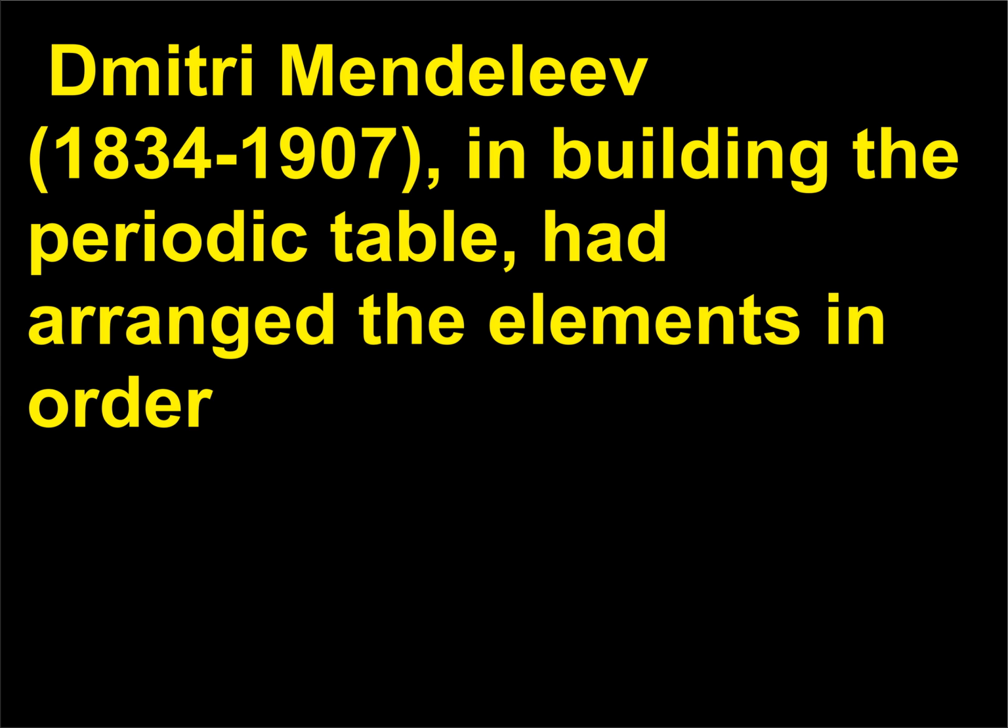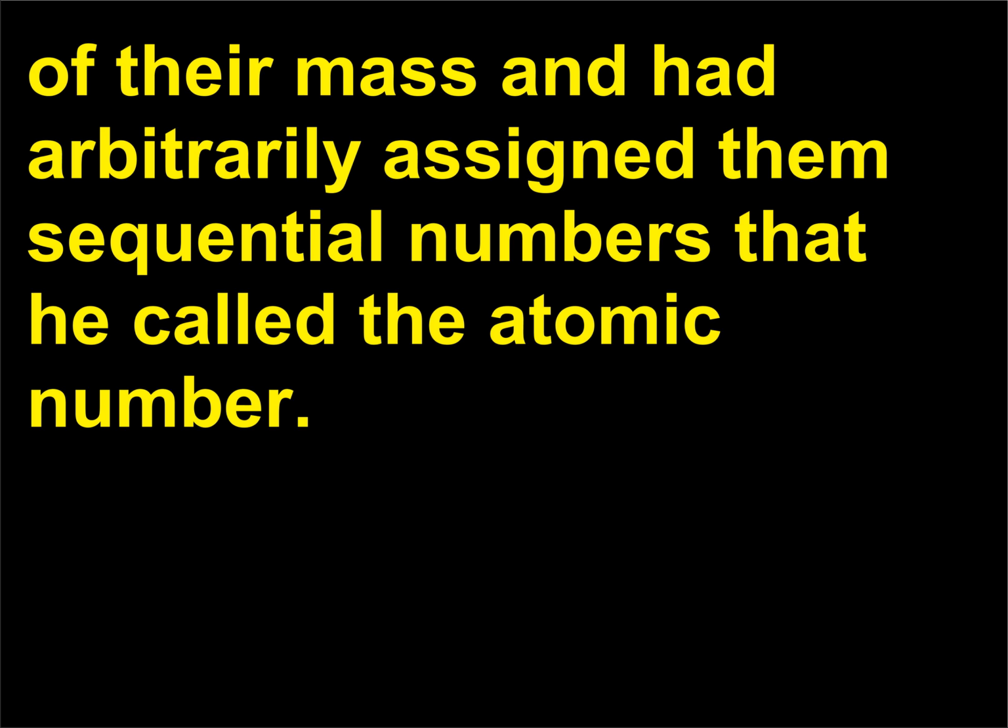Dmitry Mendeleev, 1834 to 1907, in building the periodic table, had arranged the elements in order of their mass and had arbitrarily assigned them sequential numbers that he called the atomic number.